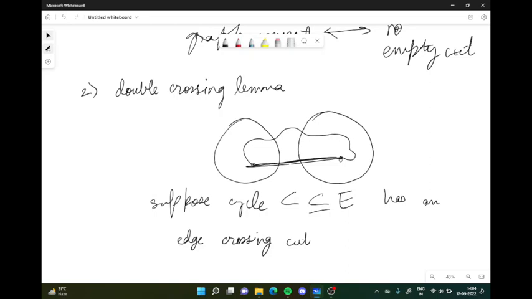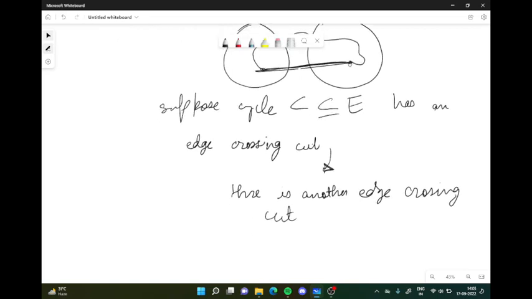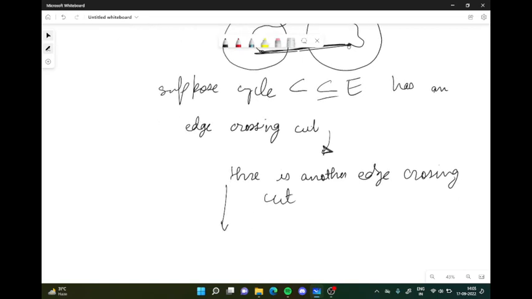Then this implies there is another edge crossing this cut for this particular cycle. And a corollary to this is a lonely cut thing.